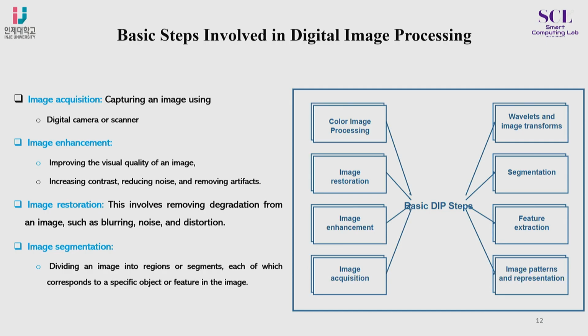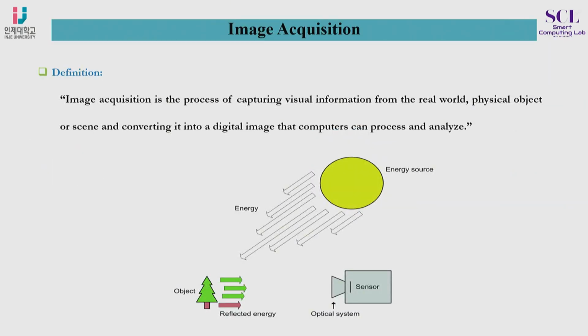So first of all, image acquisition. In image acquisition, there are certain things we have to consider. We have the energy source, that may be sunlight or X-ray or ultrasound. And we have the object.